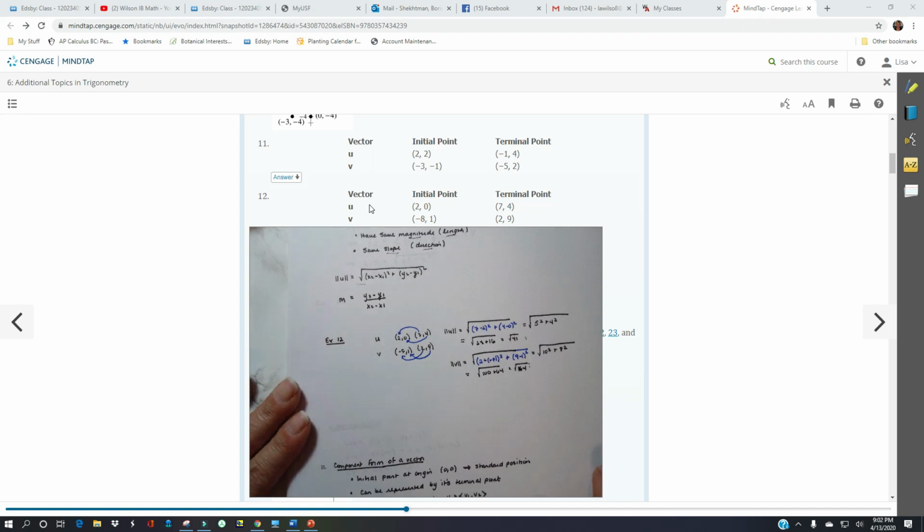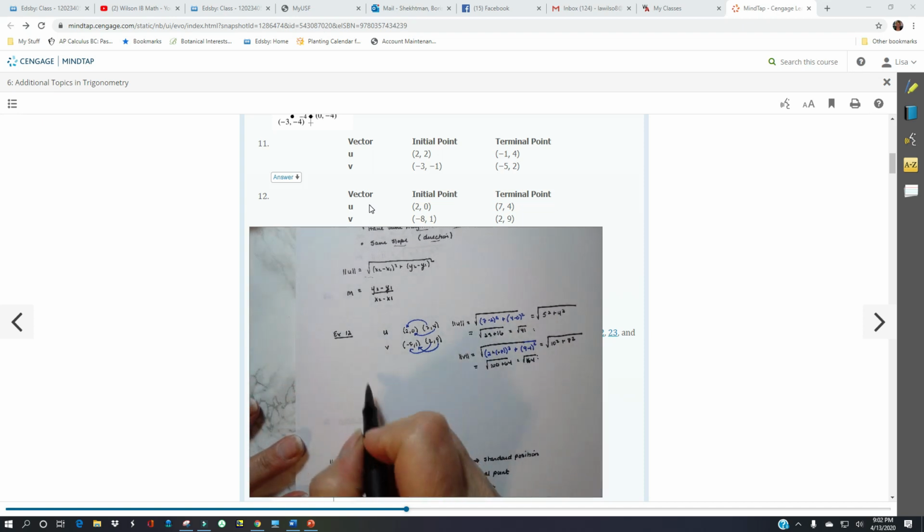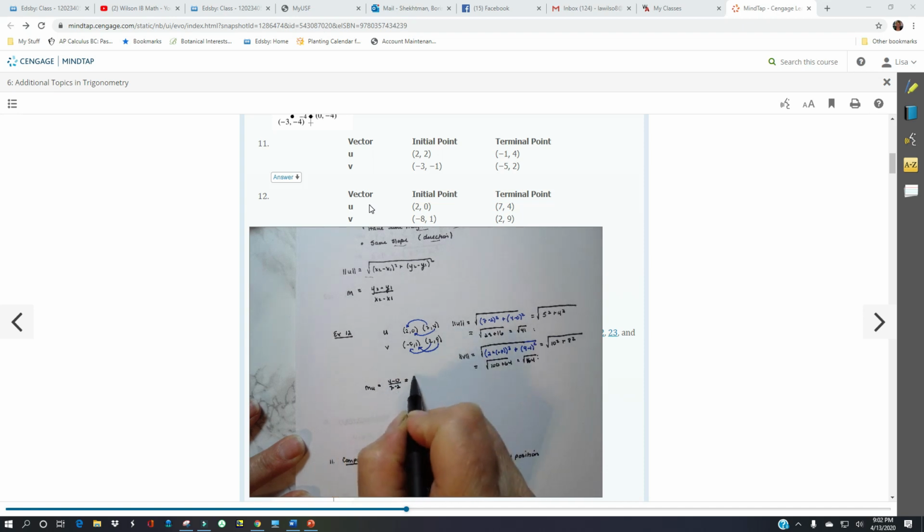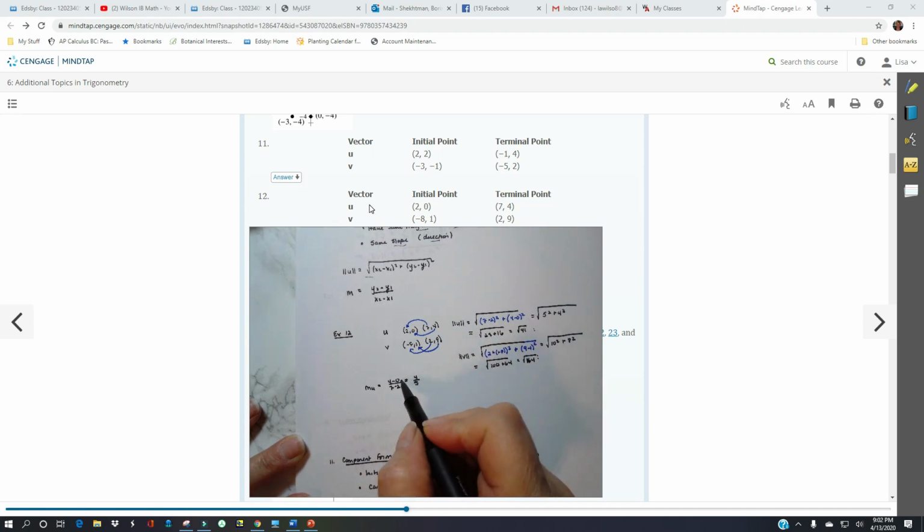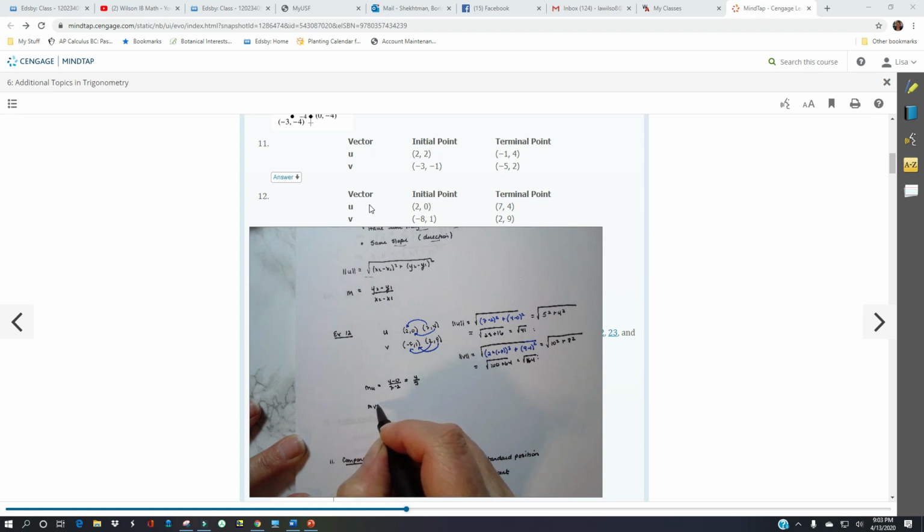And just for a little bit of additional practice, let's just look at the slopes. The slope of u is going to be 4 minus 0 over 7 minus 2, which is 4/5. Right? Change in y over the change in x. The slope of v is going to be 9 minus 1 over 2 minus a negative 8, which is 8 over, remember that's going to become a plus 10.